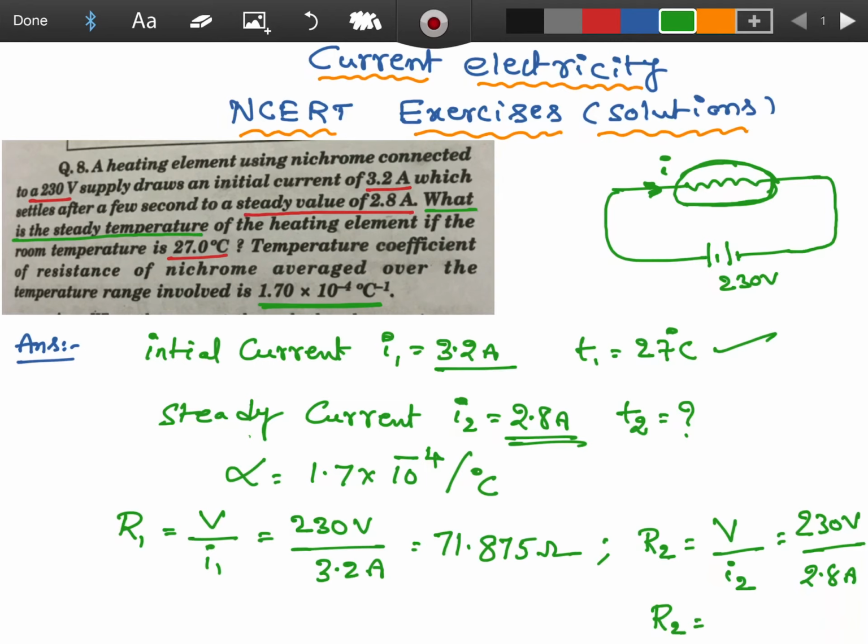And R2 equals V by I2, 230 by 2.8, which is 82.143 ohm. See students, here approximately 71, here approximately 82. Resistance increased after a few seconds, that's why current decreased to 2.8 ampere.